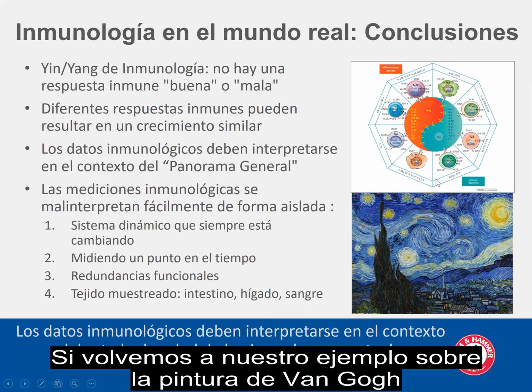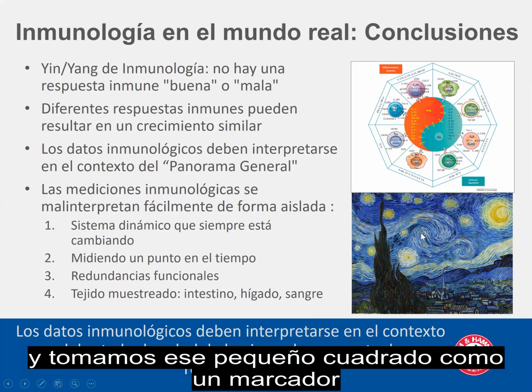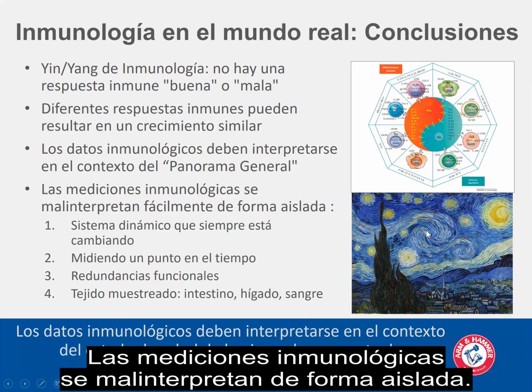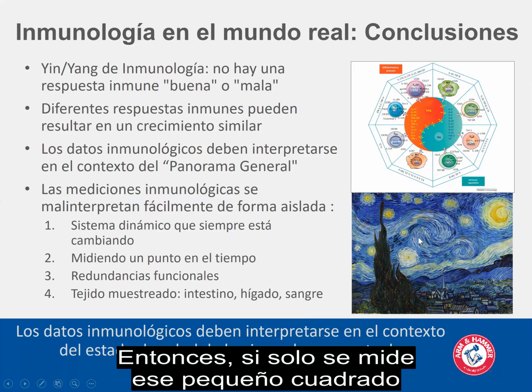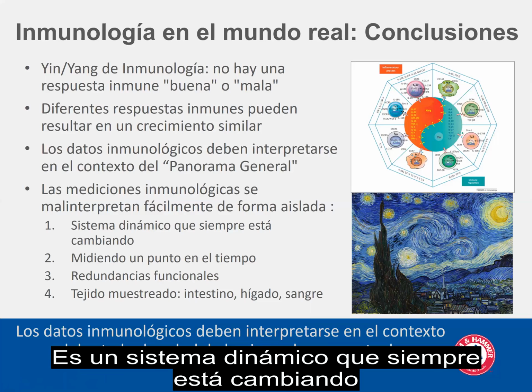And I think if you go back to our Starry Night picture by Van Gogh, and the one little square as that one aspect or one biomarker really doesn't tell you what that whole big picture of the immune response looks like. And why is that? Well, the immune measurements are easily misinterpreted in isolation. So if you measure that one little square in the picture, you misinterpret really the whole picture of the art of the immune response. It's a dynamic system.